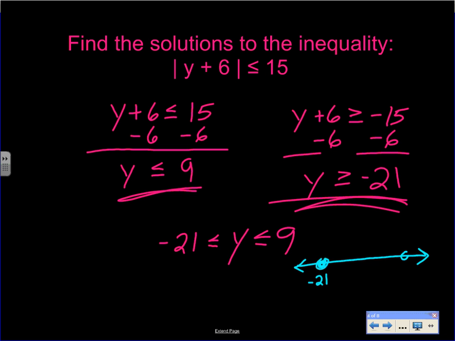We would have a closed dot at 9, and since y has to be greater than negative 21, it's going to be all the numbers to the right. And since y has to be less than 9, it's going to be all the numbers to the left. So these are the solutions between negative 21 and 9, including those two numbers, negative 21 and 9.